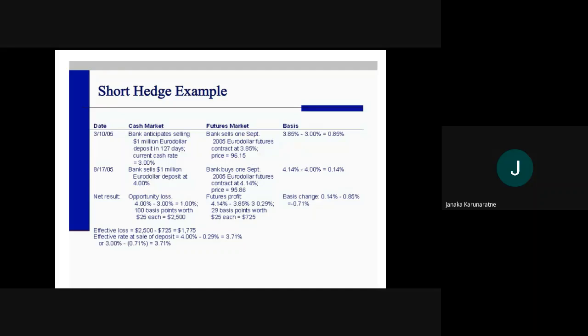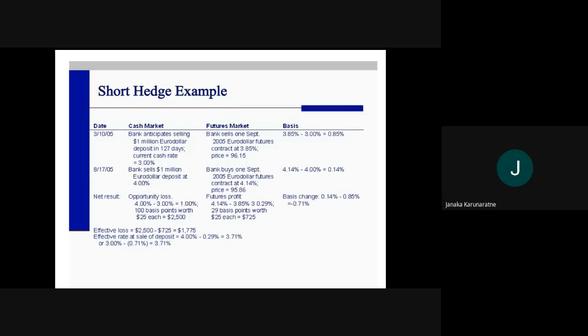So if you didn't sell a futures contract, what would be the loss to you? Without hedging, what would be the loss to you in this scenario? Without doing anything, you just went ahead with this cash market transaction.